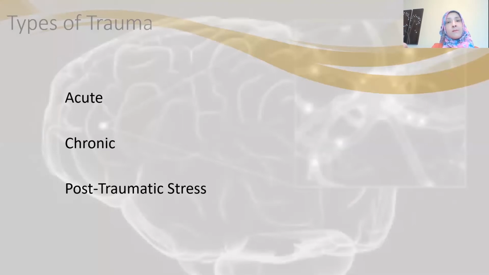So there are three main types of trauma: acute, chronic, and post-traumatic stress. Acute trauma is usually related to a one-off traumatic experience rather than a repetitive one. So from the previous activity, some examples of that would be a car crash with severe injury or a violent death.